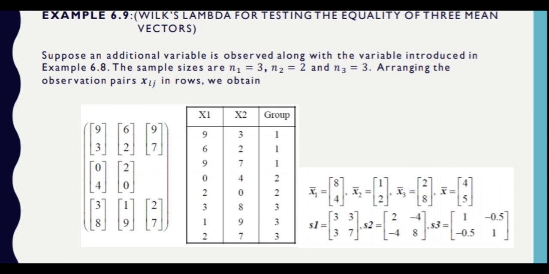x3 is the mean vector for the third population. How you get 2? 3 plus 1 plus 2 divide 3. How you get 8? 8 plus 9 plus 7 divide by 3. Okay. And then we need also the overall x bar. Okay, so how you get 4? You tambah semua sekali lah.